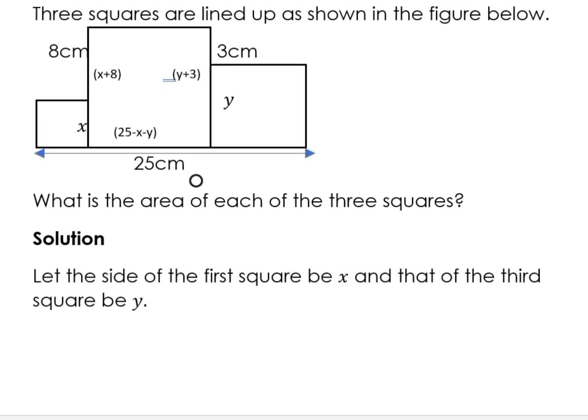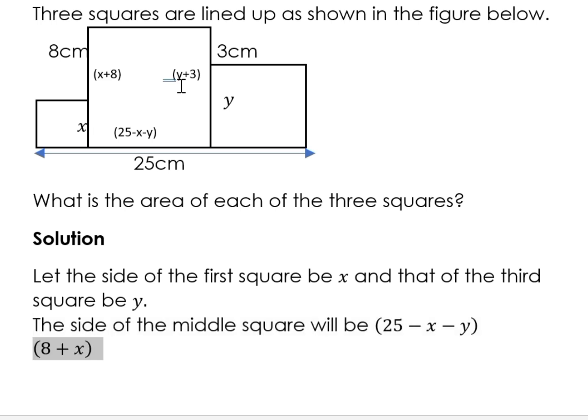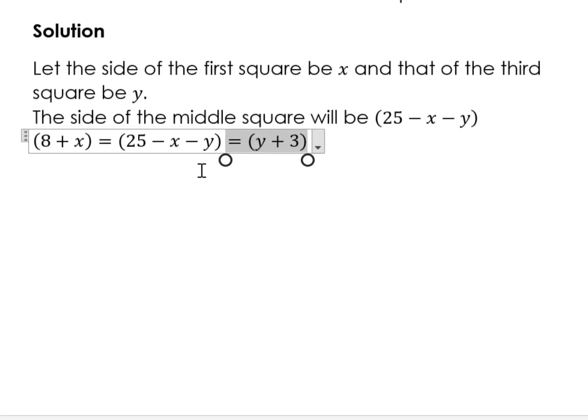Now, for us to solve this problem of getting the sides, we need to equate these three sides. So we shall say x plus 8 is equal to 25 minus x minus y, and that's equal to y plus 3. And the reason why we are saying so is because we are talking about a square whose measurements are all equal.